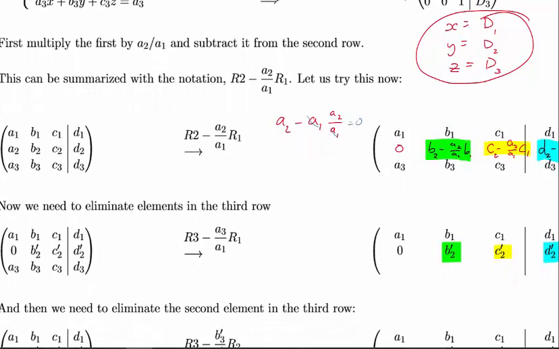We want to eliminate elements in the third row. So we're going to use this operation right here, right? R3 minus A3 over A1, R1. So that is, we're going to be multiplying the elements in this row by A3 over A1, and whatever that all happens to be will be what the element from here minus that. So let's go ahead and take a look at the first element.